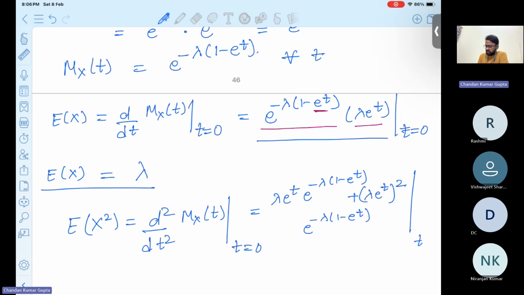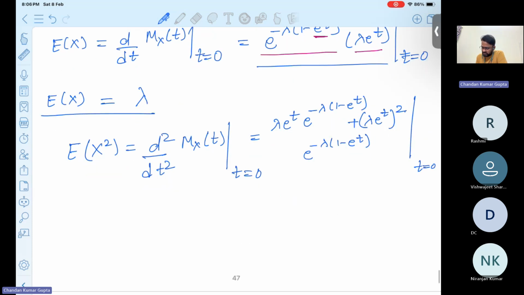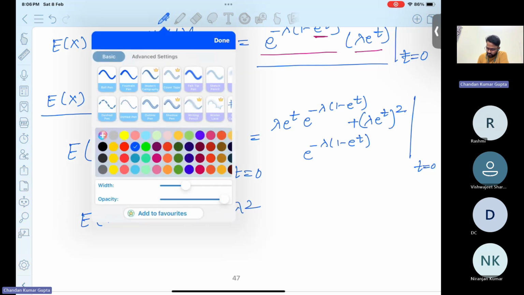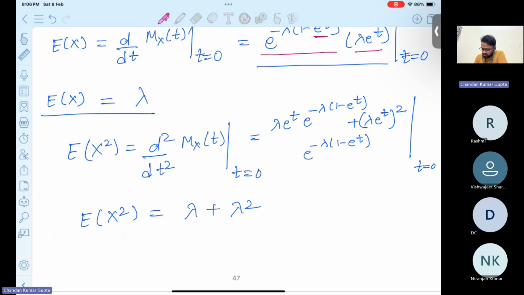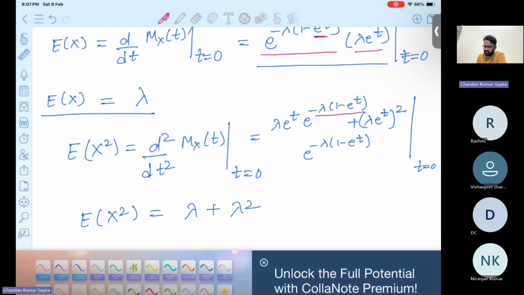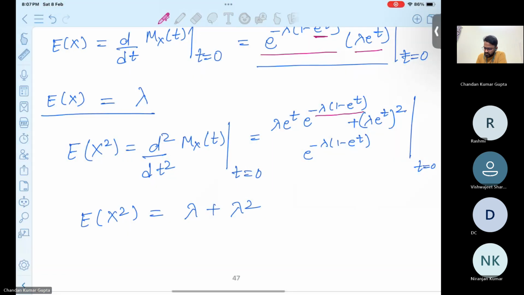Now at t equal to 0, if we put the value t equal to 0, it comes out to be lambda plus lambda square. Let me show you how. This quantity comes out to be 0, so e to the power 0 comes out to be 1. Then this quantity also comes out to be 1.